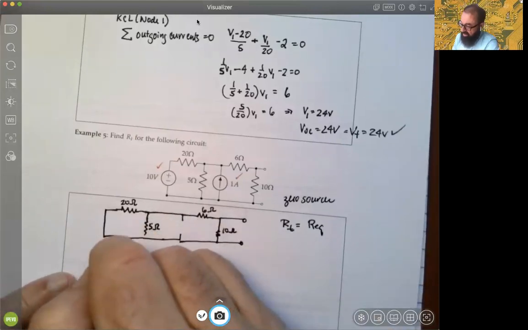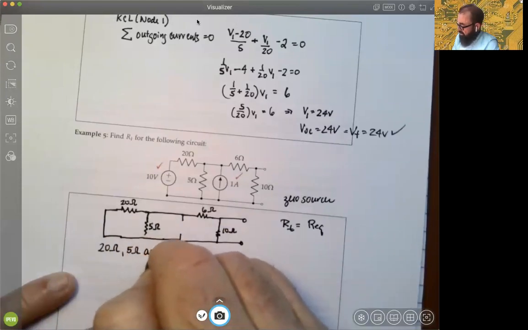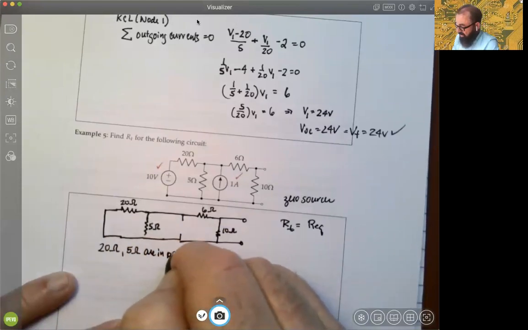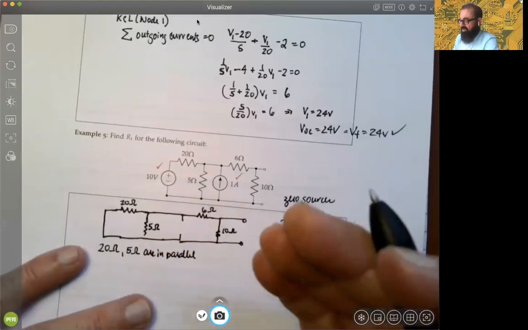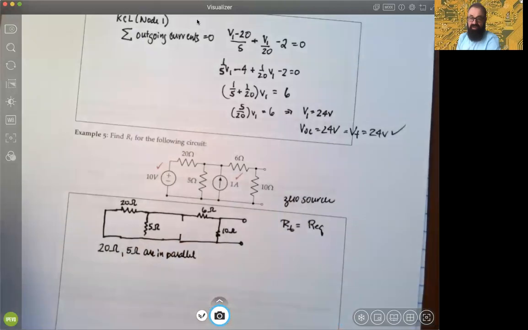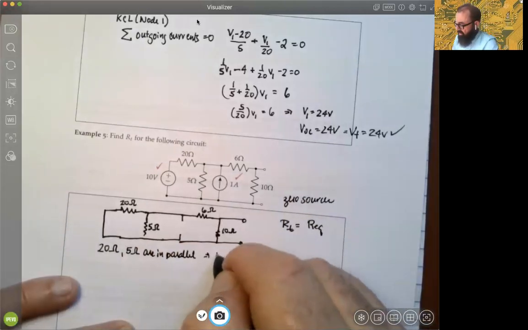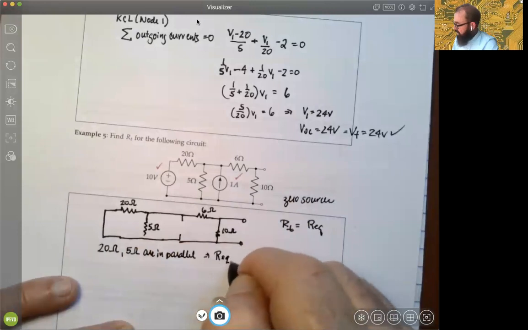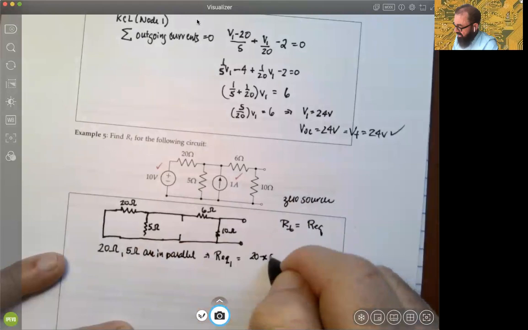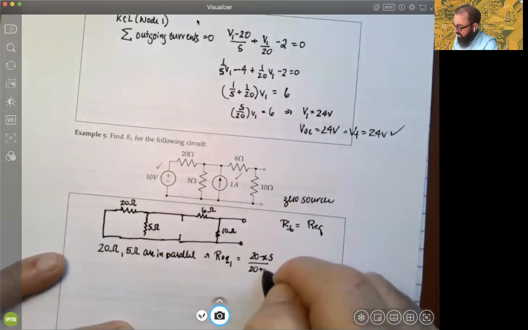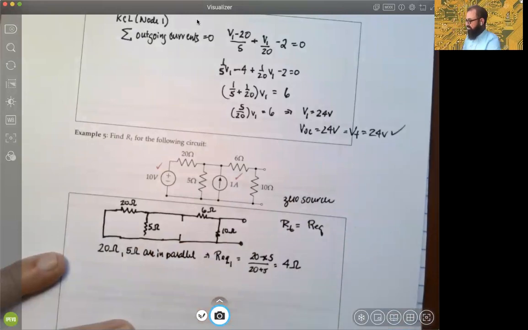So immediately we could say that the 20 ohm and 5 ohm are in parallel. And we'll get our first equivalent, because you can see you're going to get more than one equivalent. I usually think it's easy to start at the very far end of a circuit and then work our way back over. So your first equivalent we'll call REQ1. They're in parallel, so that's going to be 20 times 5 over 20 plus 5, and we've seen this one over and over again. That's just 4 ohms.